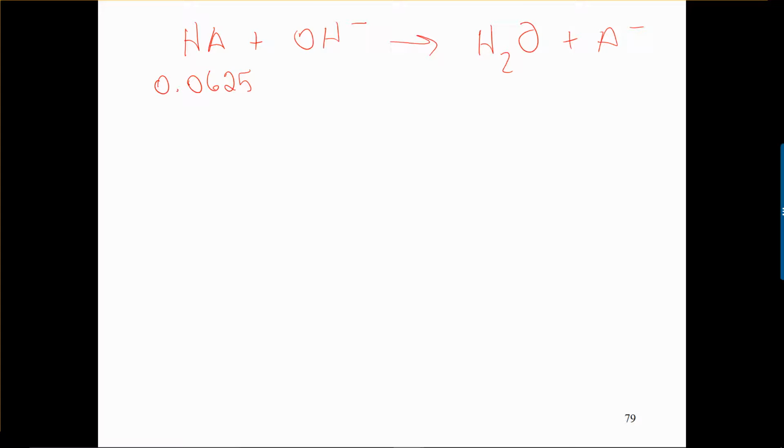Yes. Okay. 0.075. Now, which one's less this time? The acid. So this one goes to 0. This one, 0.075, minus 0.0625. What does that become? 0.0125.